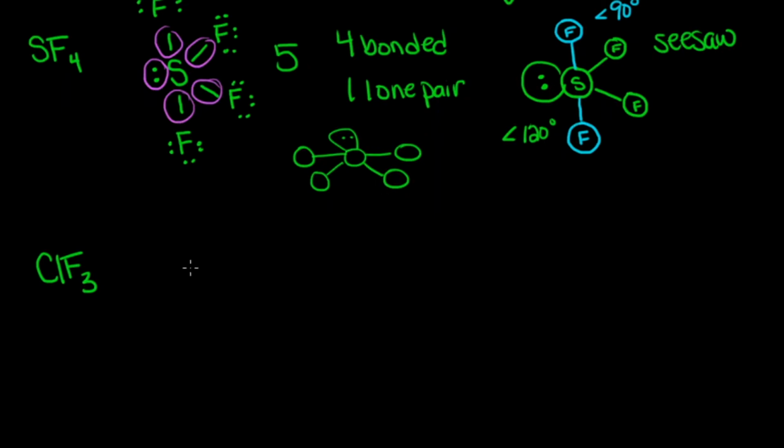Okay, so we're going to go central chlorine. And we've got a fluorine on the top, fluorine on the bottom, and a fluorine on the side, and all of our lone pairs.